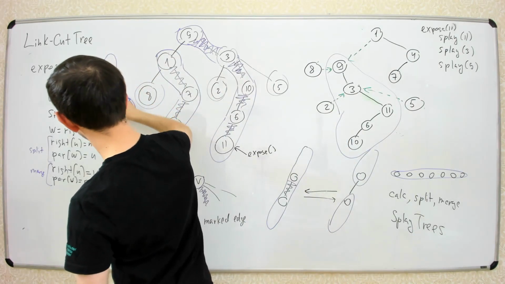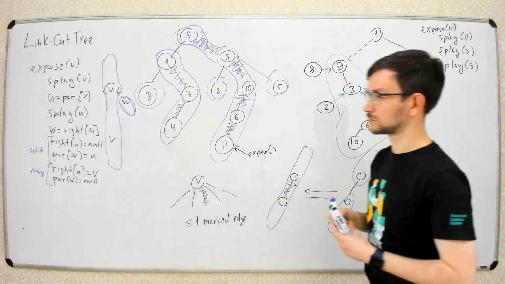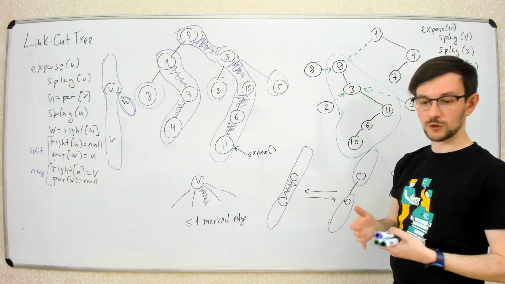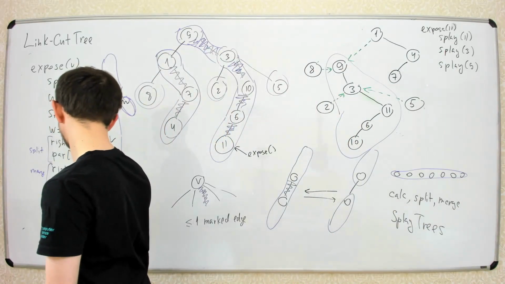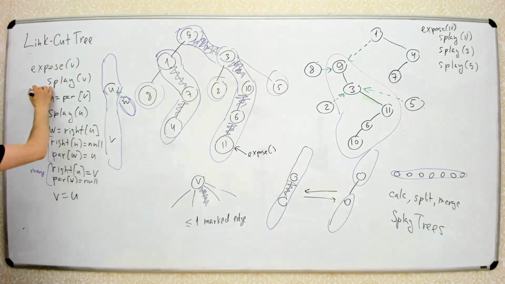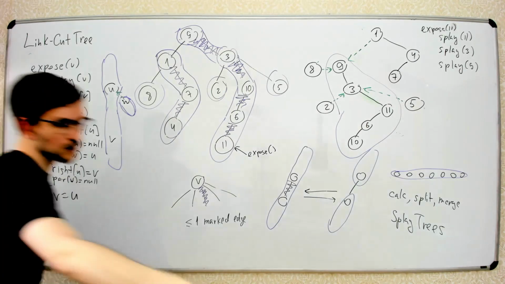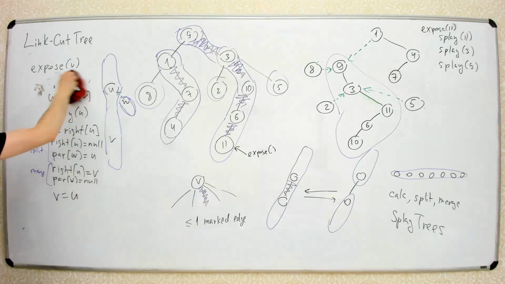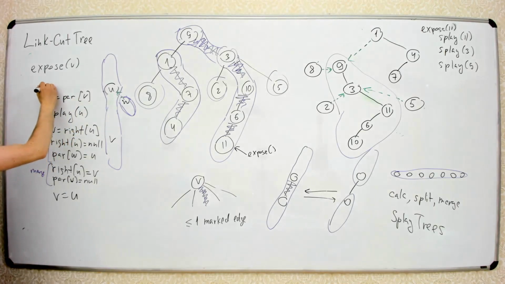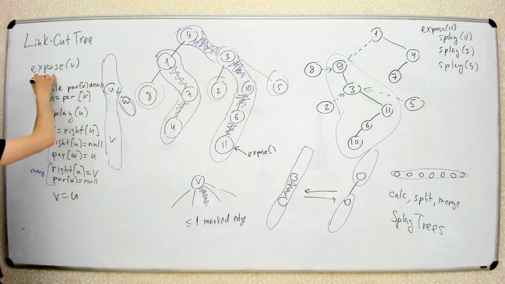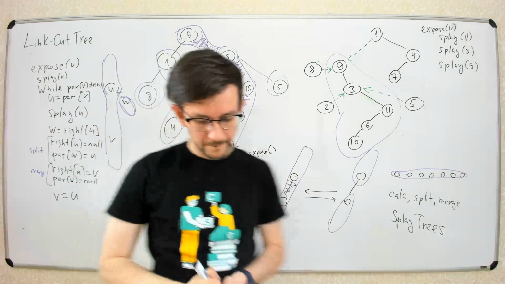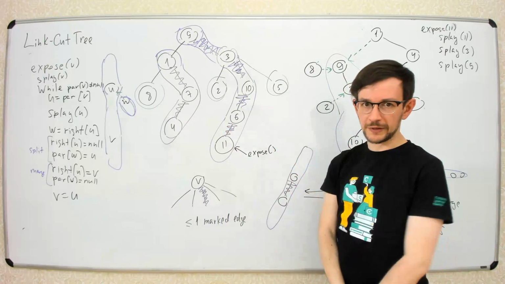So you simply connected these two paths into one big path. And now you do the same for node U. And just put it into a while loop. You do it while you have a parent. That's the whole code of the link-cut tree actually.